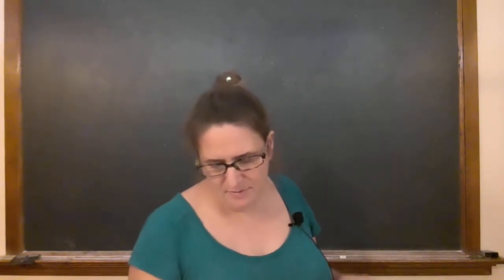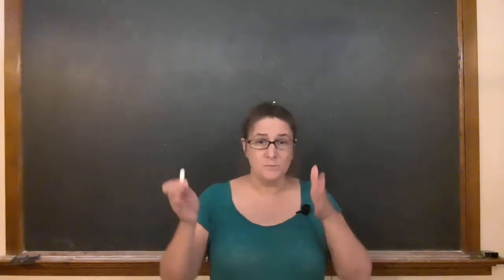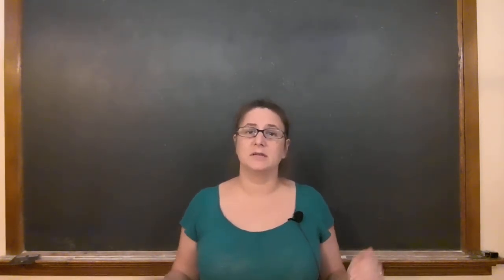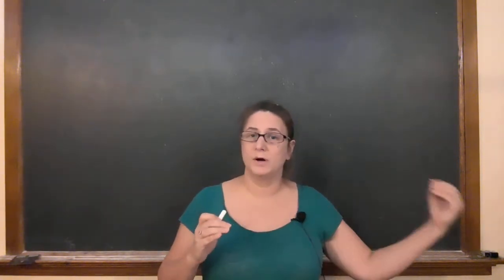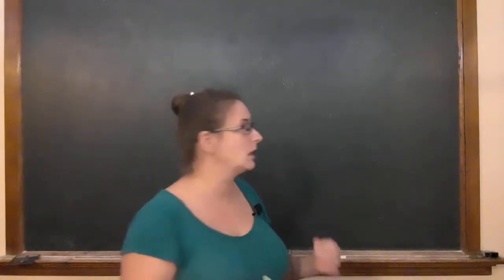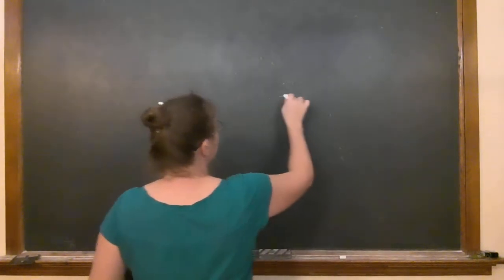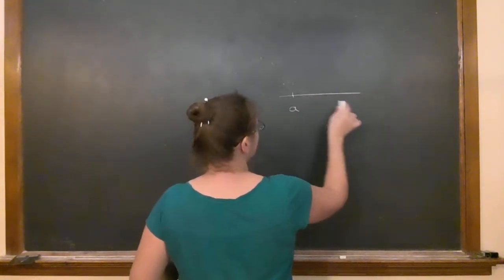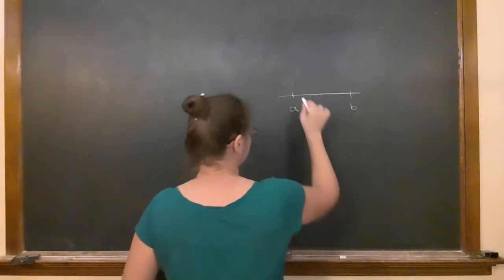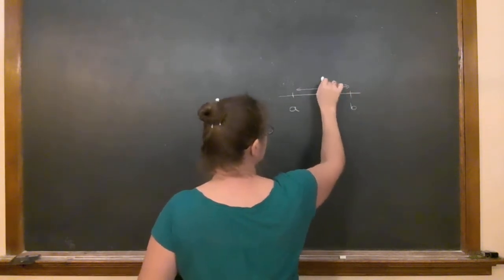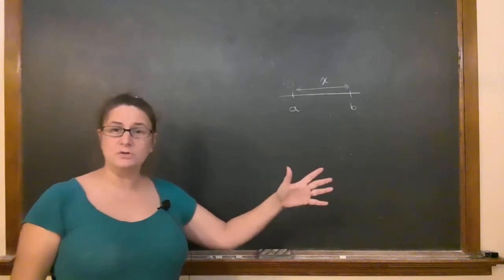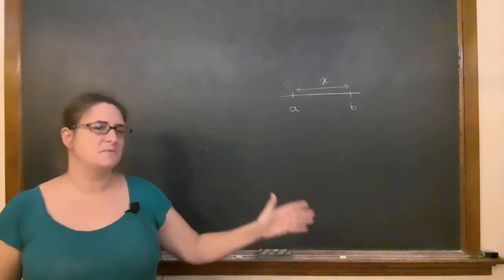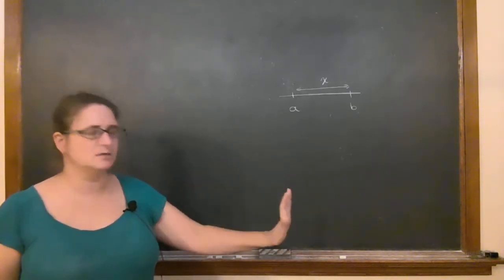So if I'm thinking about moving an object, and in this particular case, we're going to be moving an object one-dimensionally, like along a line. So if I'm moving an object from point A to point B, a distance of say x, and I'm using a force that is just a constant force.